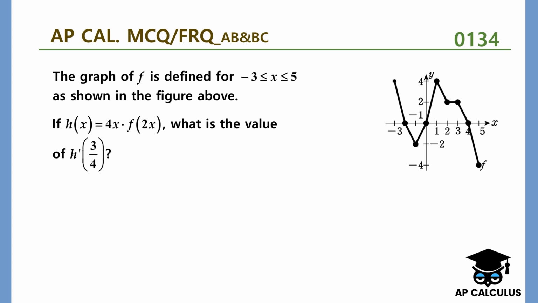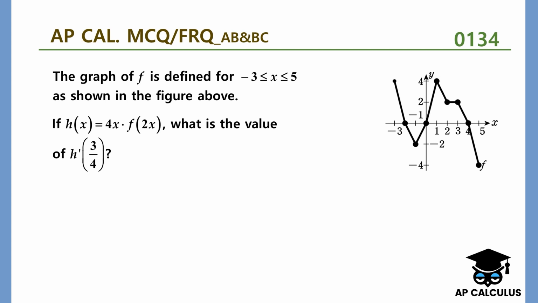Question 134. If h of x is equal to 4x times f of 2x, what is the value of h prime of 3 over 4? Okay, h of x is actually a product of two functions, 4x and f of 2x.